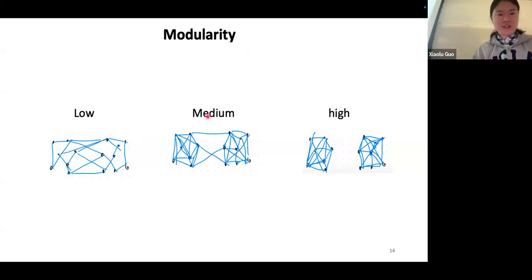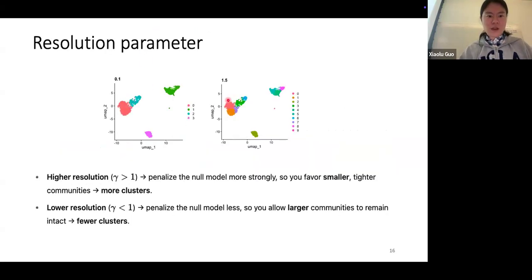This is considered medium modularity for community 1 and community 2, because it's more connected within each community versus across. And this is a very high modularity, where the only connection happens within the community, while there are no connections across communities. And so that is optimizing the modularity.